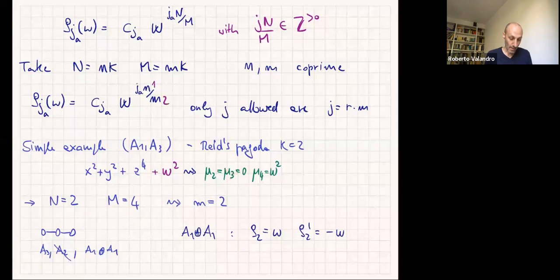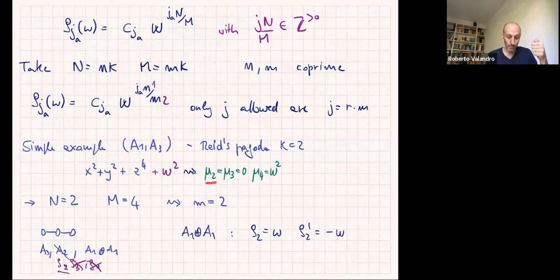Okay, now you are left with 1 degree 2 Casimir, let's say rho 2, rho 3, and rho 1. The rho 1 and rho 3 we said must be equal to 0. We have just 1 degree 2, rho 2, and we have 2 equations that we have to satisfy, that is mu2 equal to 0 and mu4 equal to W squared.